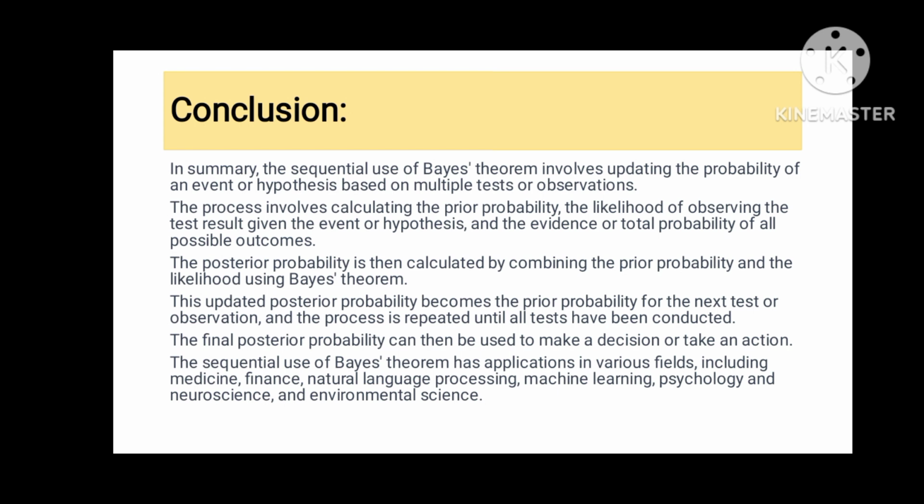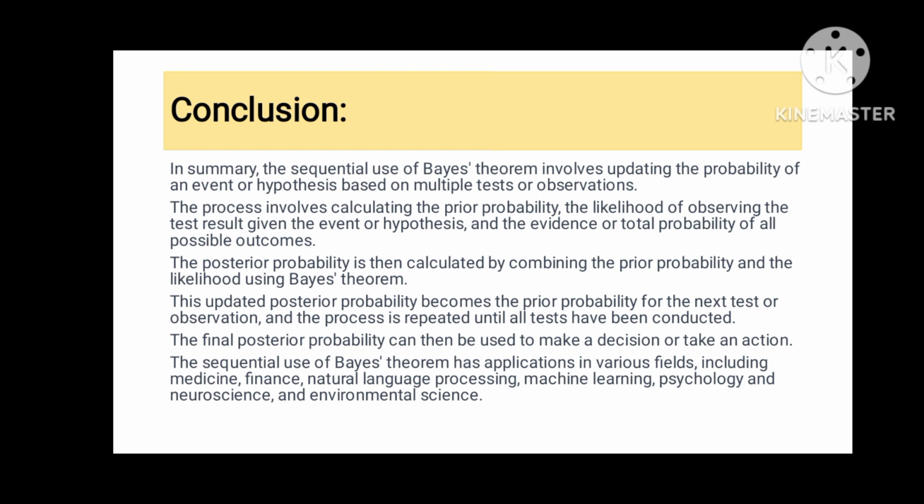And then repeating the test, we can find the sequential Bayes theorem. This updated posterior probability becomes the prior probability for the next test. So the updated posterior probability will be the new prior for the next observation.